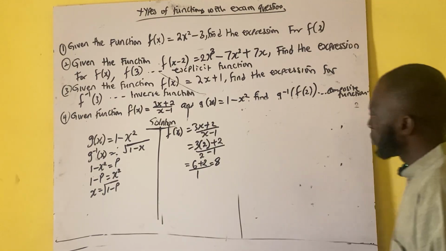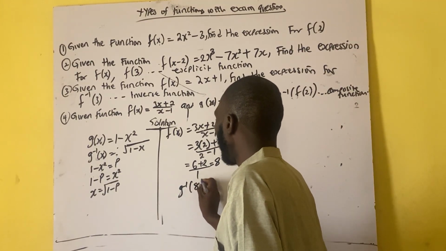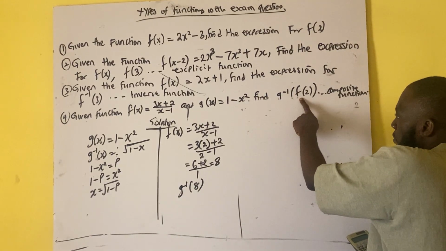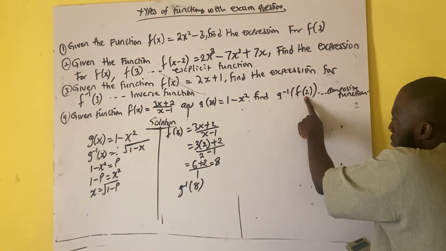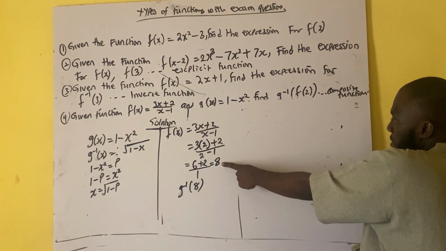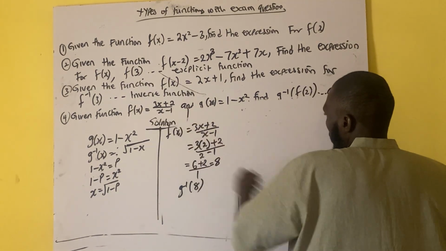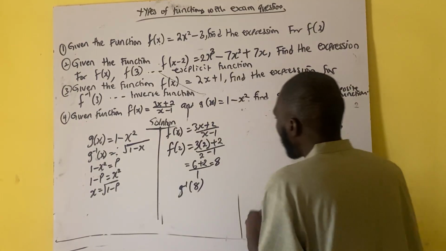So that means we'll be having g inverse of 8, because it is g inverse of f of 2, and we have f of 2 as 8, right? When we have f of 2, we have it as 8.